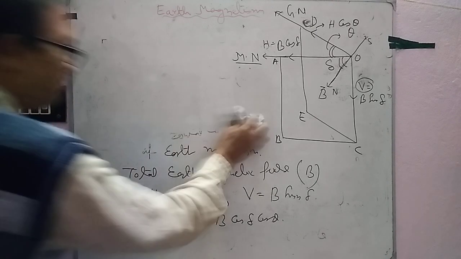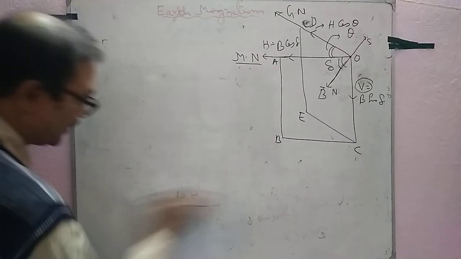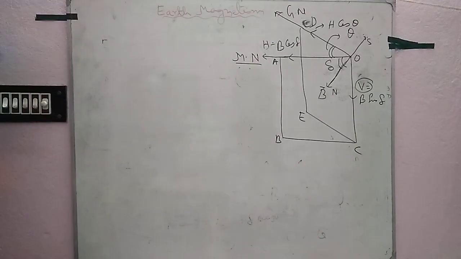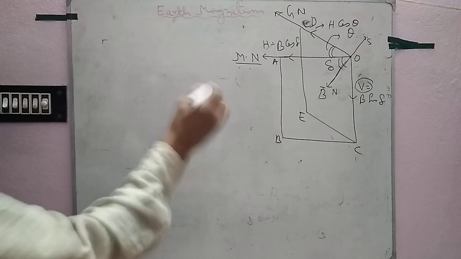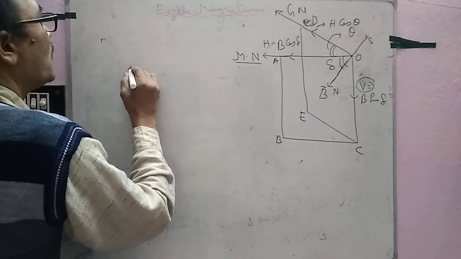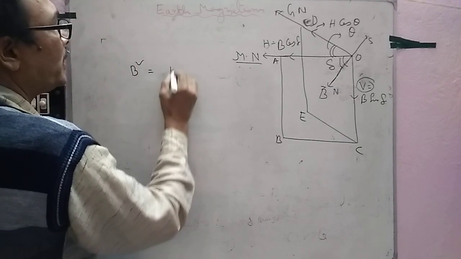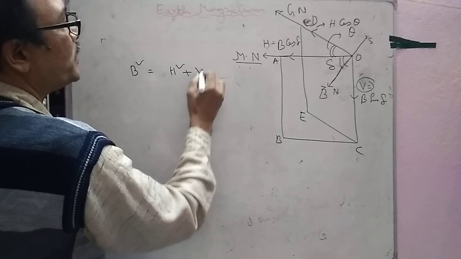Angle of dip, angle of declination, and horizontal component of earth magnetism. Clear? Follow. Now, B square equal to H square plus V square.